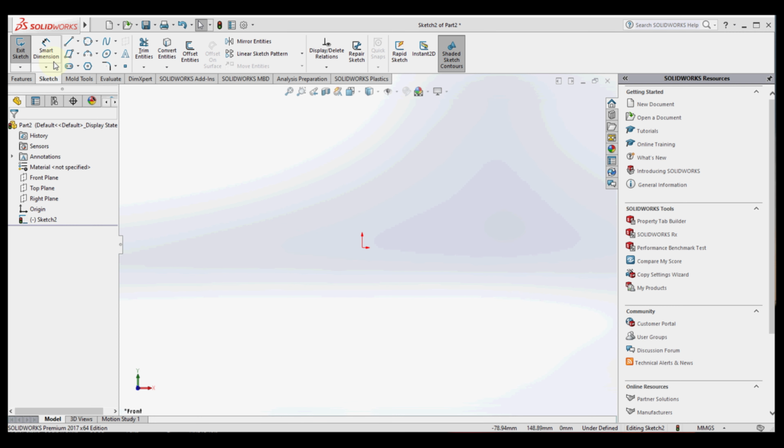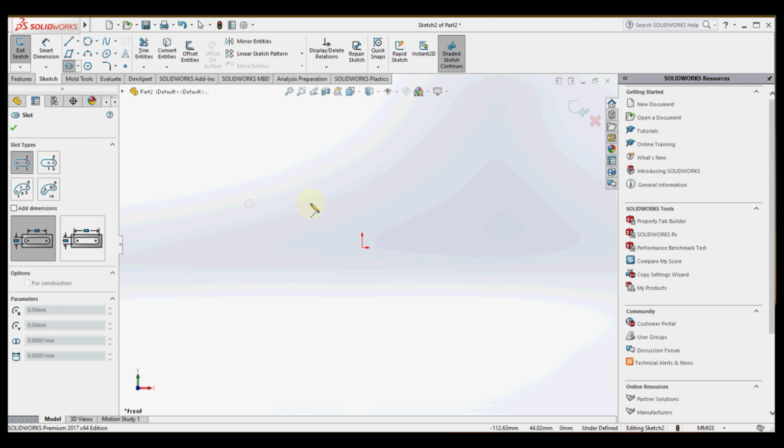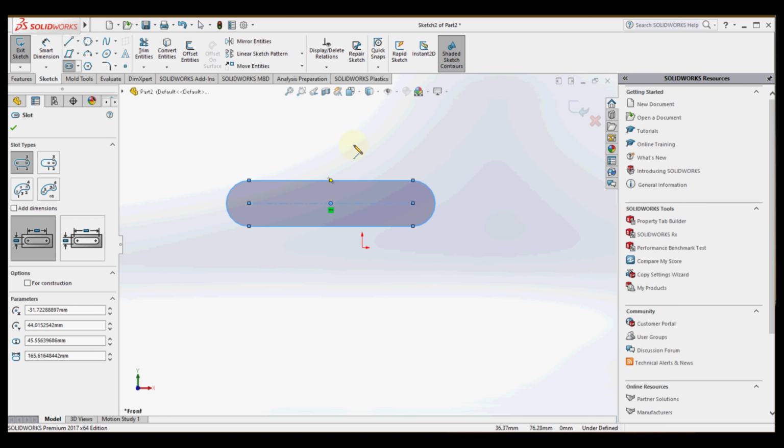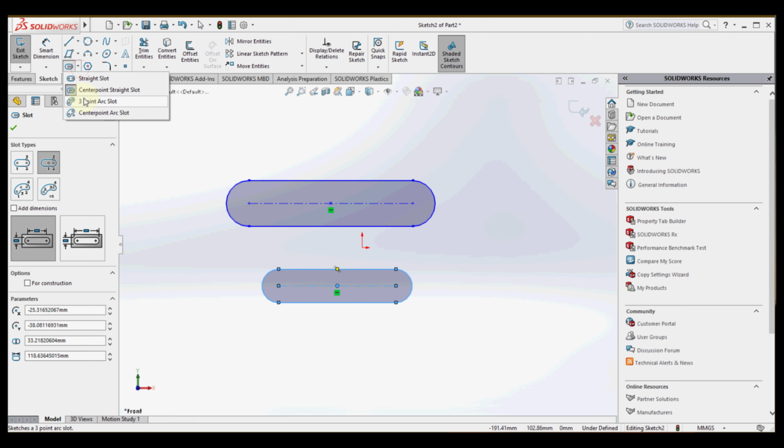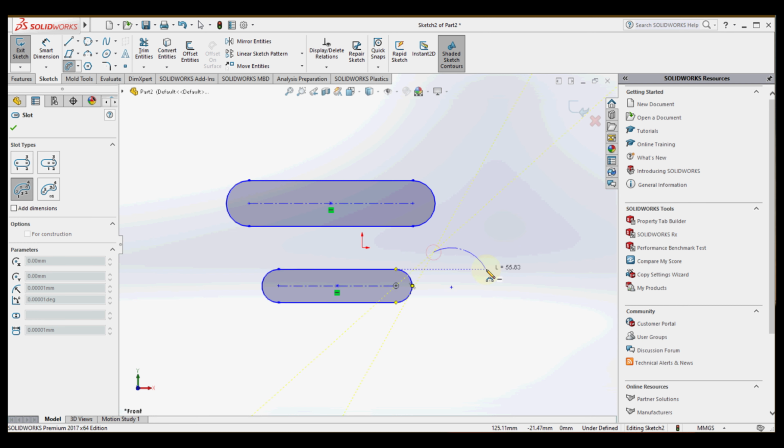The next topic is about slot. There are 4 types of slot. Straight slot. It is drawn from a normal straight line. Center point straight slot. It is similar to the previous, but instead the line is drawn by a midpoint and an end point. 3-point arc slot. It is drawn by drawing a normal arc.